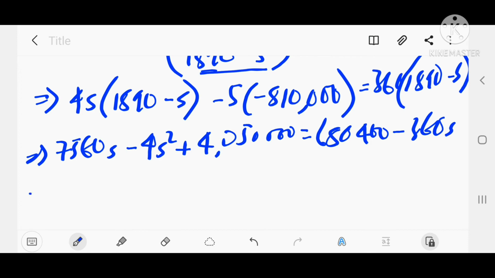So bringing items together, let's make the s squared positive. So we have 4s squared.